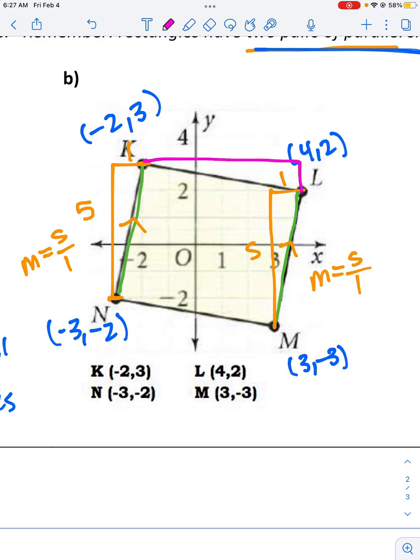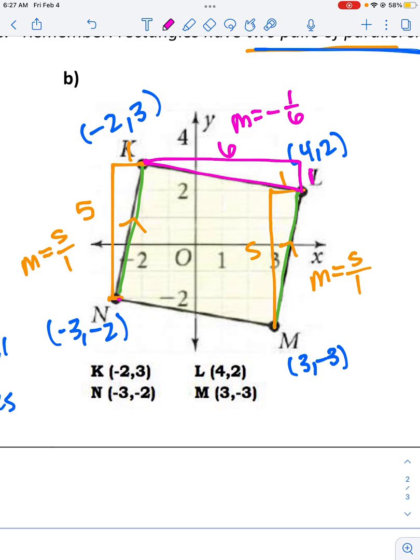Then we'll look here. So I see this slope is negative. And it looks like it's going 1. So 2 to 3 is 1. And then -2 to 4 is 6. So this is rise over run, -1/6.